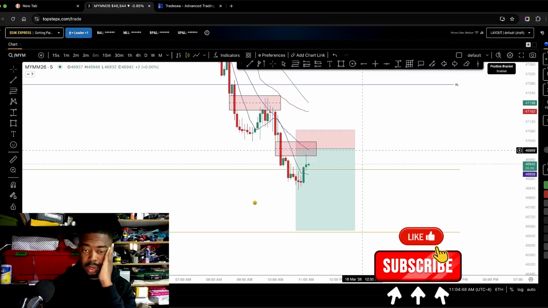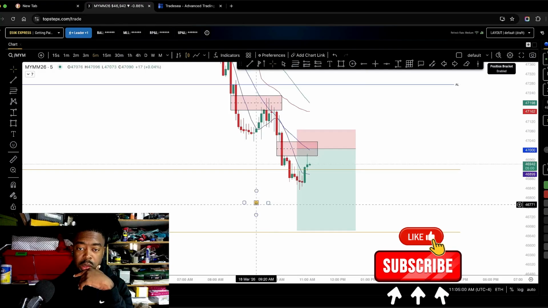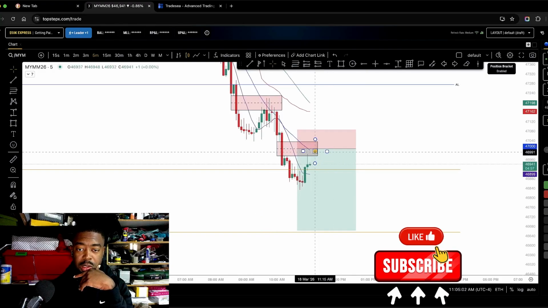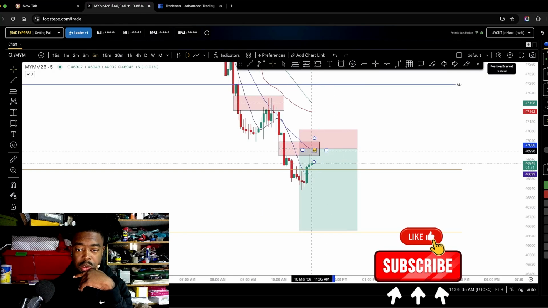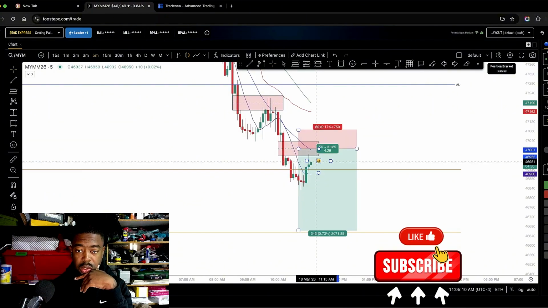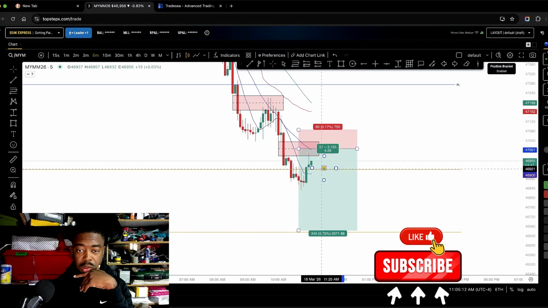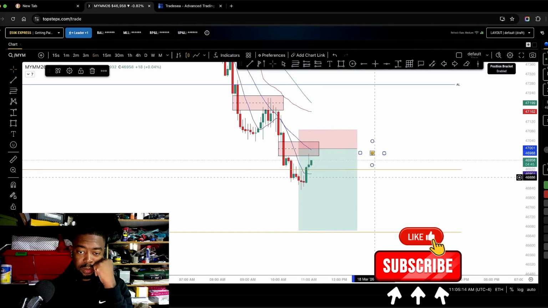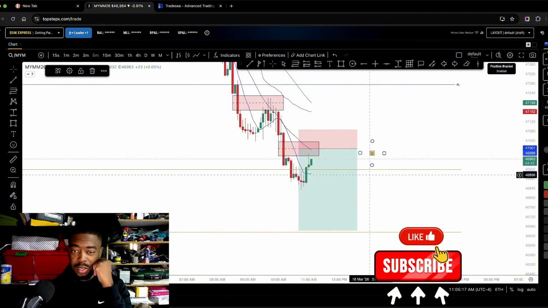Like, see, a rookie would have took that trade off that rejection and have to possibly sit out through the drawdown on this next candle that I'm sure wants to get at least to right here before it starts coming back down. And that's what I want to see. So that's why you don't want to front run these trades. See, that last candle rejection would make you think, oh, we're going down now. But no.